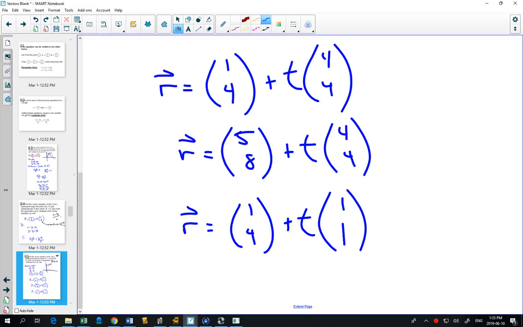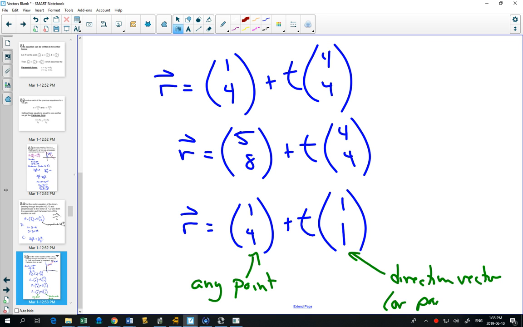The key is we need any point, and we need any direction vector, and it doesn't matter which one you have as long as it's parallel to it.